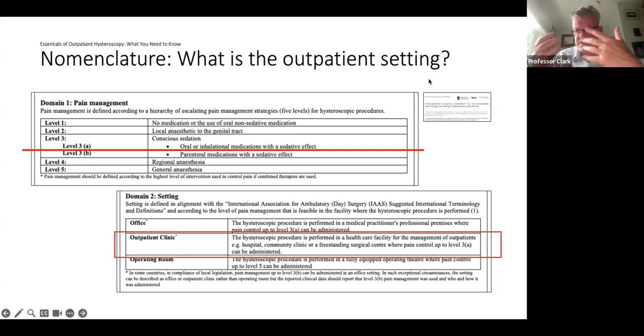It could be an outpatient specific facility in a hospital, or it could be within the community or a freestanding surgical centre. So outpatient procedures have more flexibility. You can conduct the hysteroscopy without the need for deep conscious sedation, so up to level 3A, and you can perform these in a variety of settings in the community or within the central hospital.